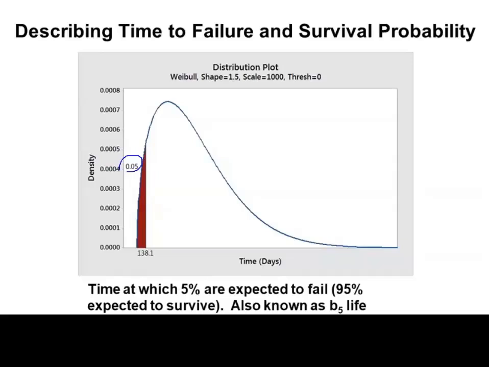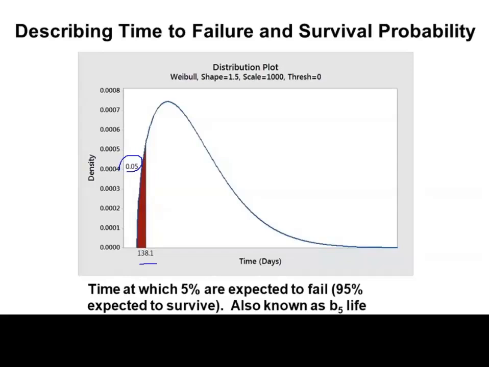So I want to find the time on this curve so that the area to the left is exactly 5%. And I see here that it's 138. This is also called, in the reliability world, the B5 life, or the 5th percentile, the time at which 5% fail.